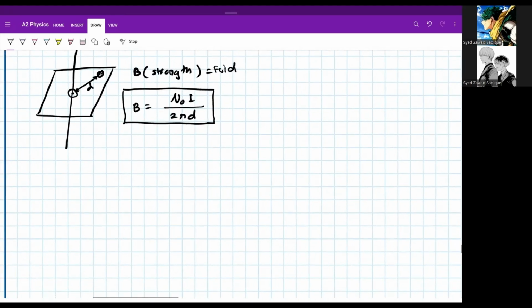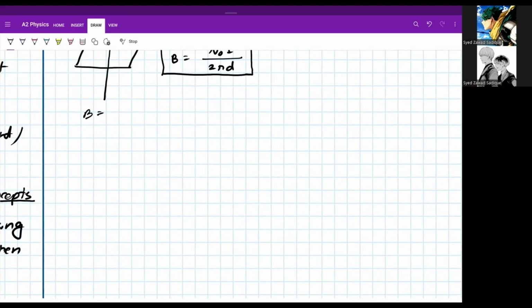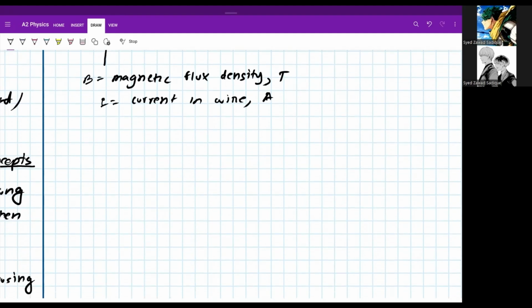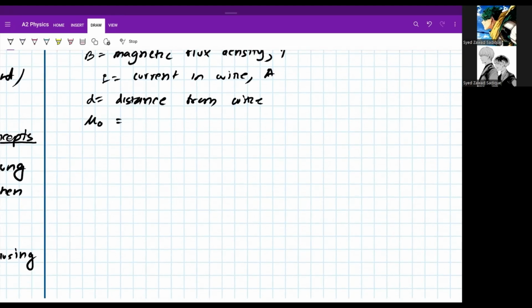Again, B is magnetic flux density, I is current in wire A, d is distance from wire, and this is the permeability of free space, which is equal to 4 pi times 10 to the power minus 7 Tesla per milliamp.